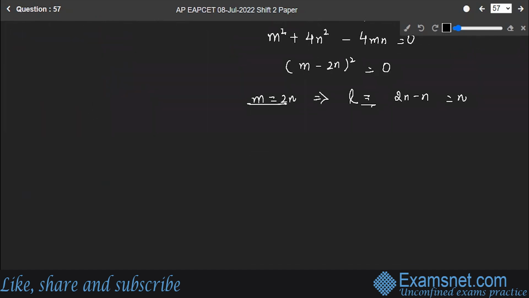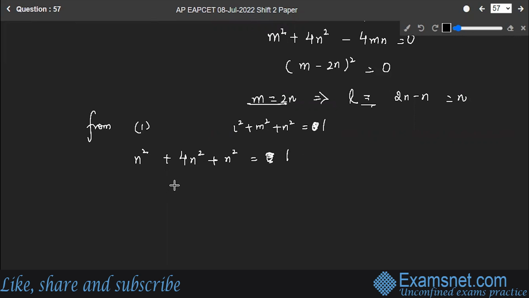From 1, you can say L square, which is equal to N square now, plus 4N square, you had this equation, right? L square plus M square plus N square is equal to 1. So plus N square is equal to 1. Right?